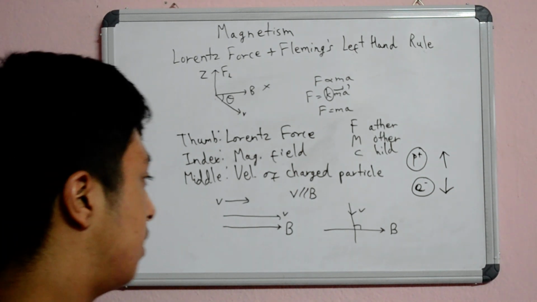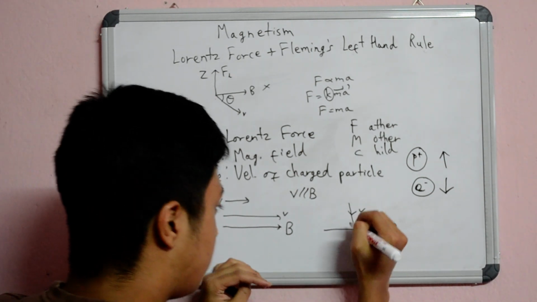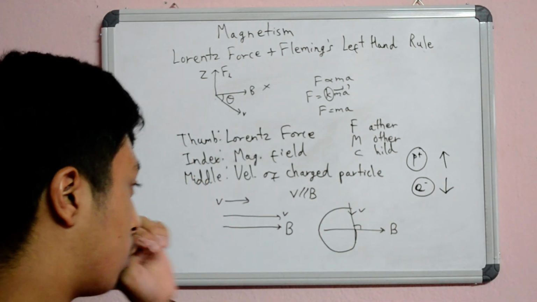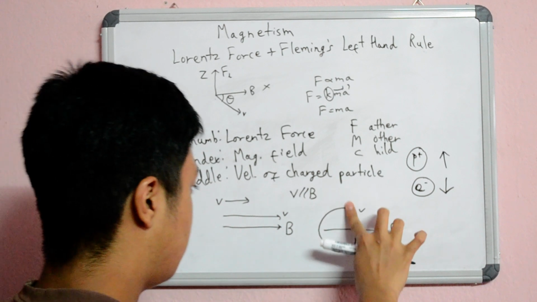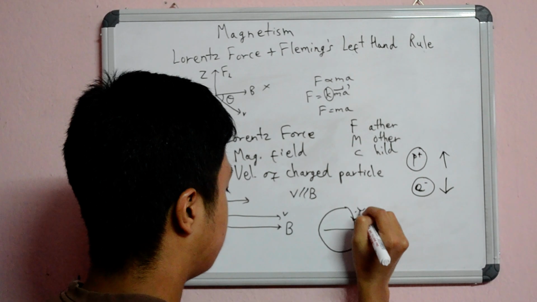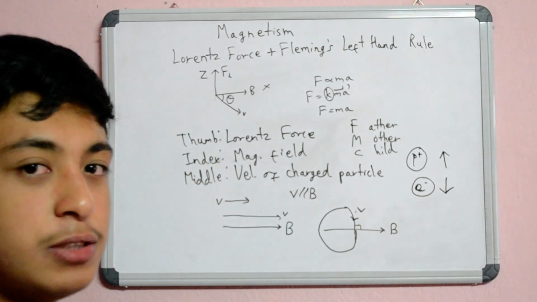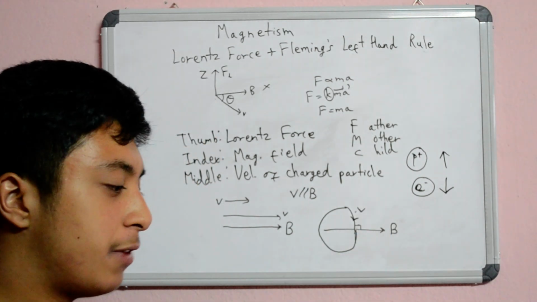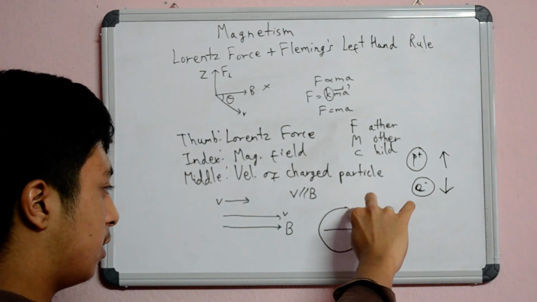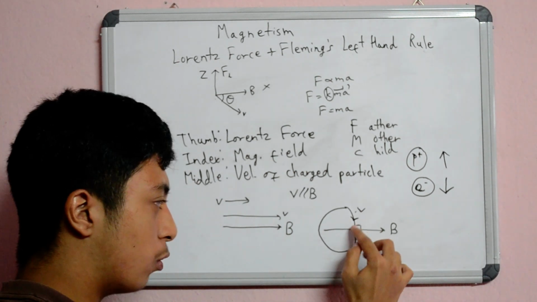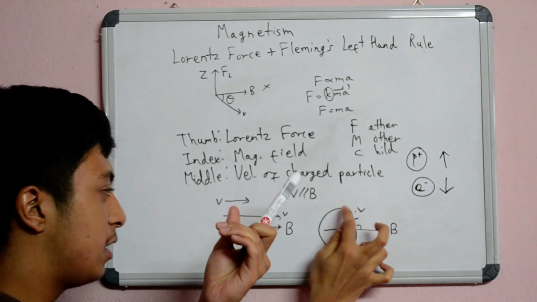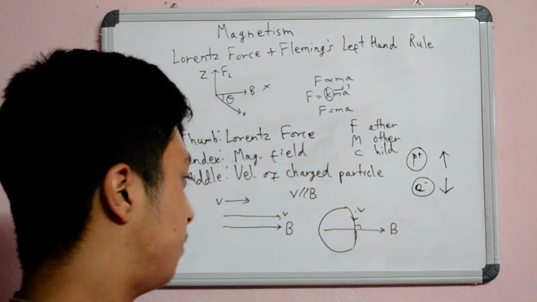Well, what happens is it is not a straight line, but in fact it is a circular line. So the trajectory is circular. So in fact it's more like this. And I guess you could kind of figure out why, because if it is 90 degrees, then when the velocity will try to go far away, the magnetic field will pull it back, and here it will be a constant attractive force, right?